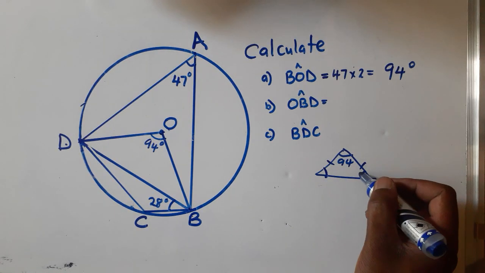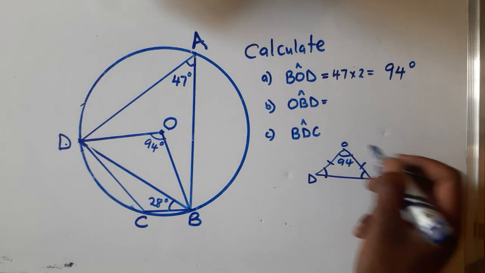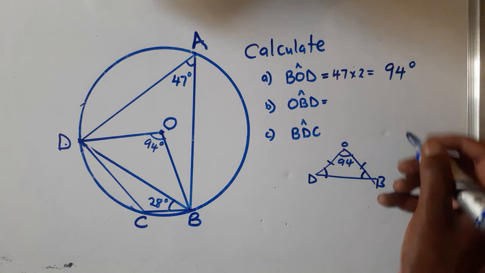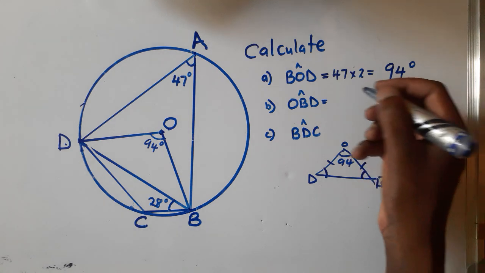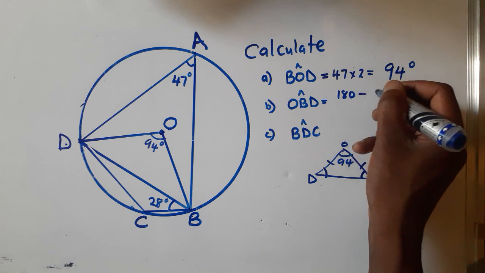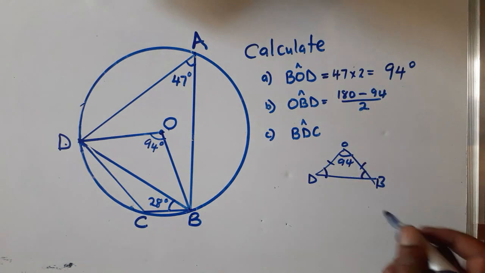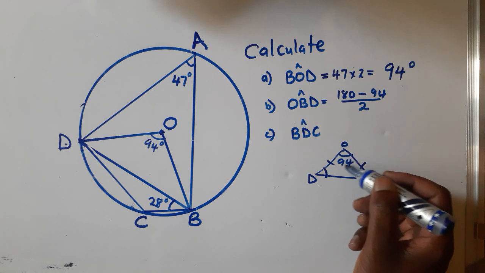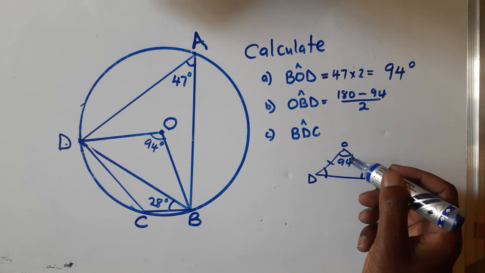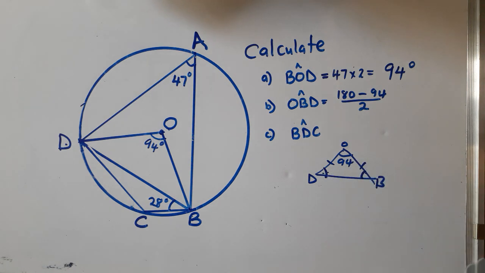So to find one of the angles, which is OBD, we subtract: 180 minus 94, then we divide by 2. Because what we are going to get must be shared equally by these two angles because they are equal.